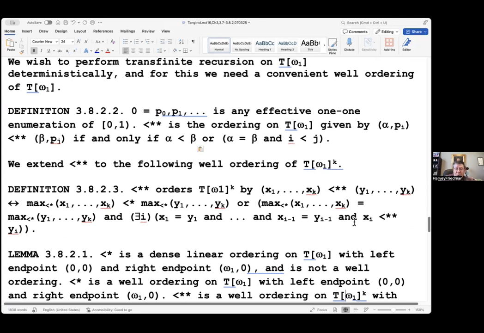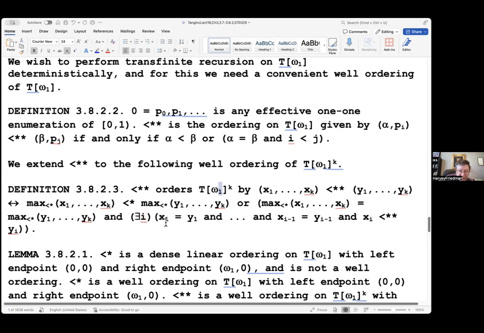Now we want to extend this order to order k-tuples, not just one-tuples. So x1 through xk is less than double star y1 through yk if and only if the max under less than star is less than the max under less than star, or the maxes are equal and lexicographically the second one is bigger.